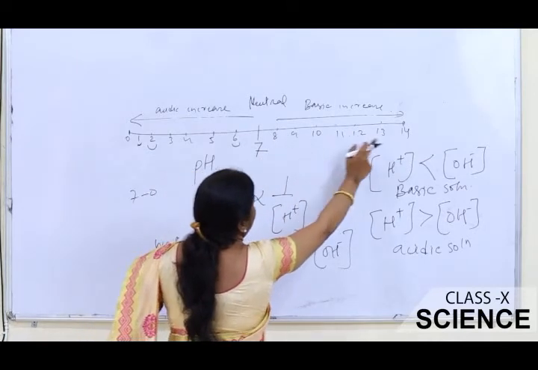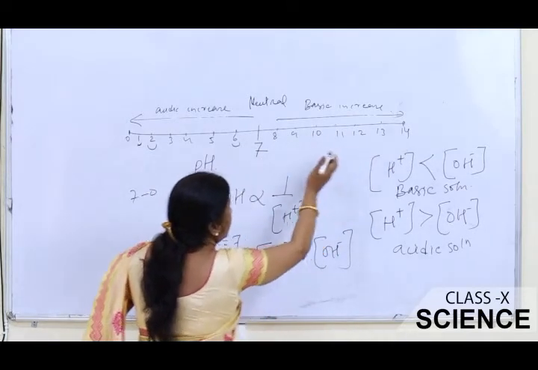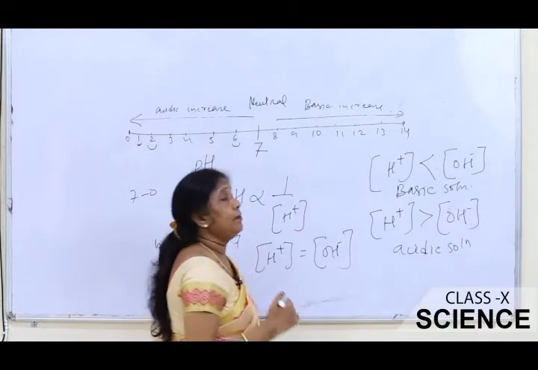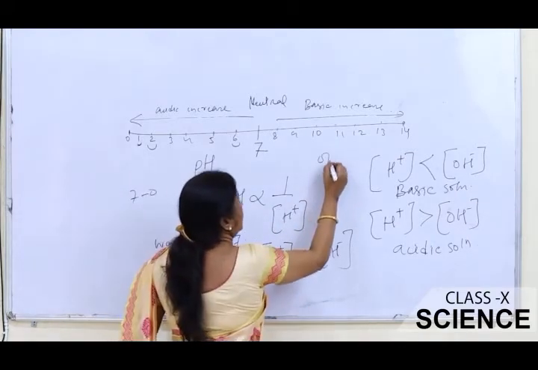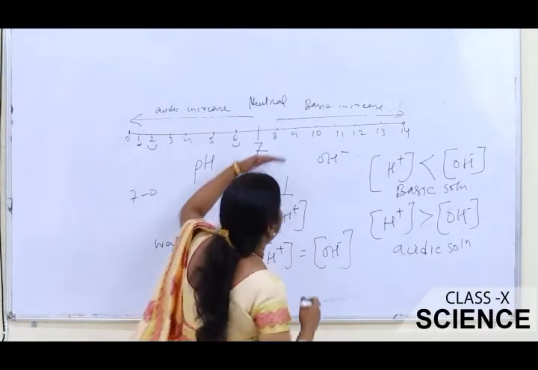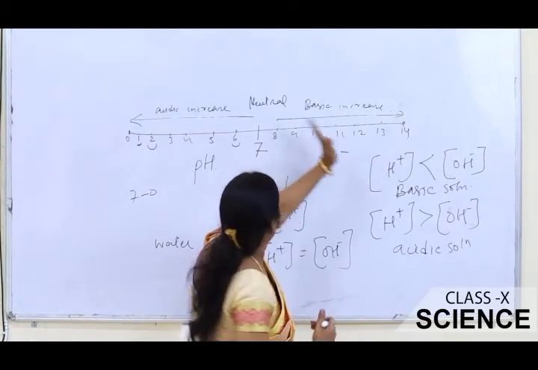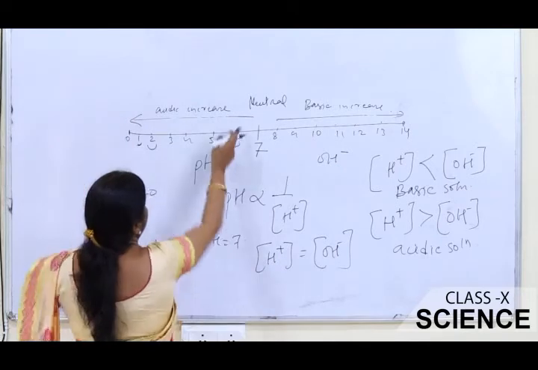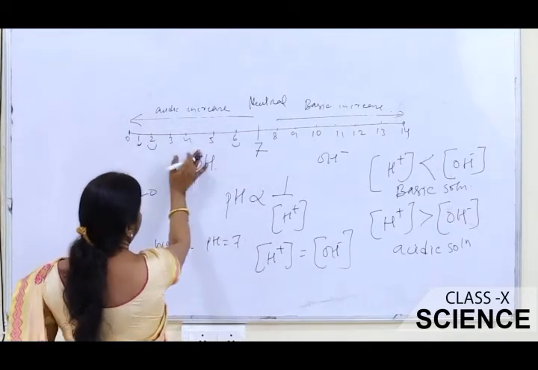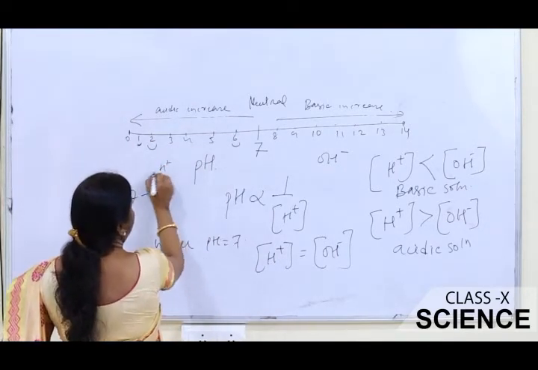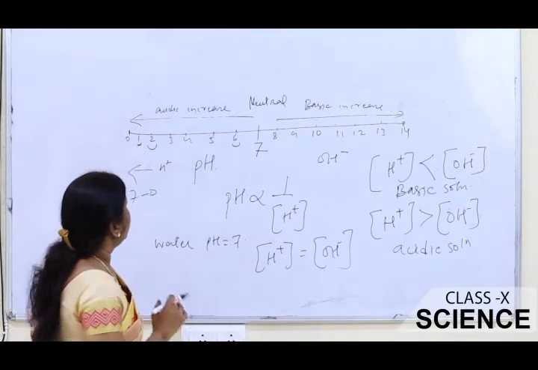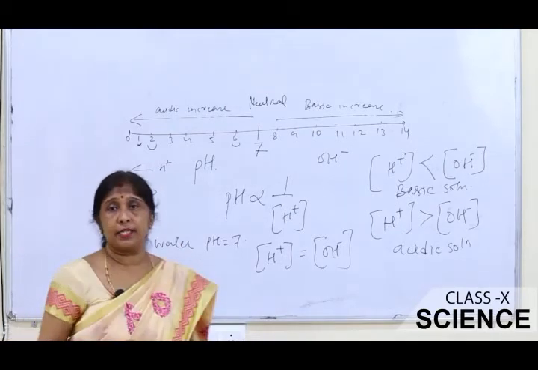As we move from 8 to 14, the basic character increases, and the hydroxyl ion concentration is also increasing. But when we move the other way, the acidic character increases, and the H plus ion concentration is also increasing. So this is the pH scale.